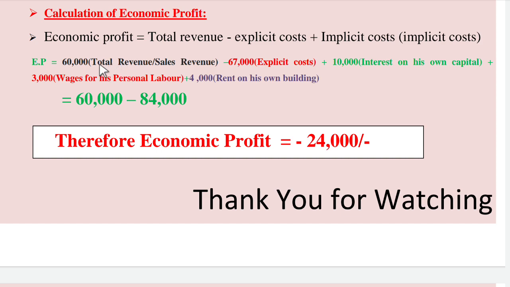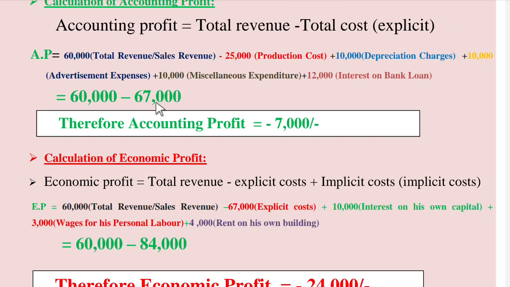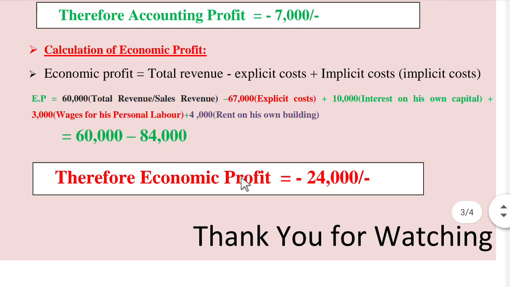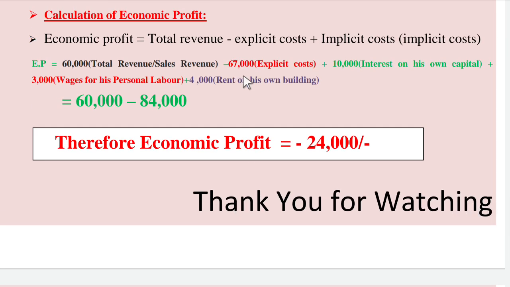Friends, total revenue, as we already checked in the question paper, is 60,000, the sales revenue, minus explicit cost. Explicit cost is 67,000 crore rupees, so we have put that here.